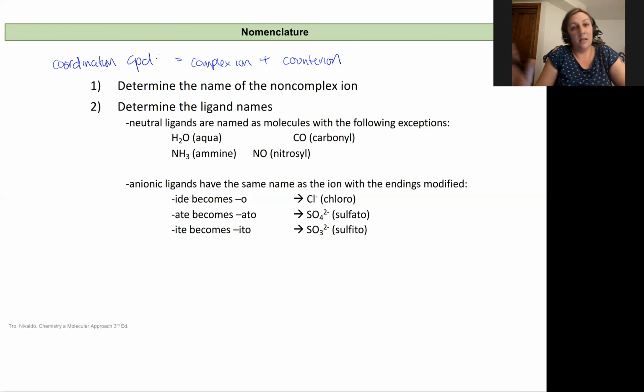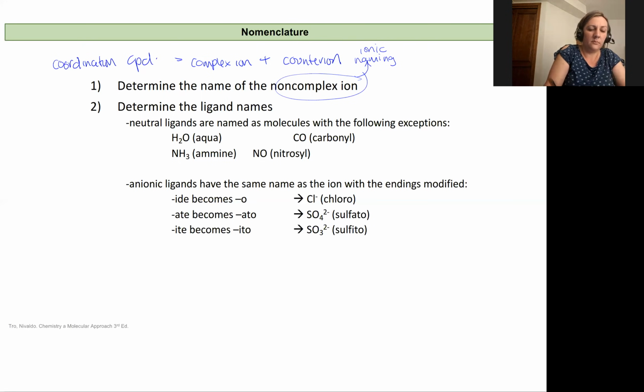The easy place to start is to determine the name for the non-complex ion, and so that's going to be your counter ion. If it's a chloride ion, it's just chloride, right? This is going to follow the rules of ionic nomenclature. So that's step one.